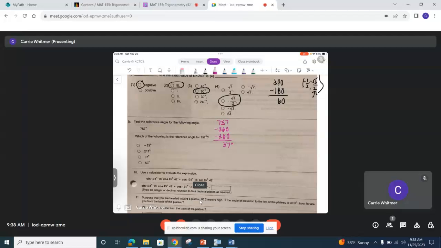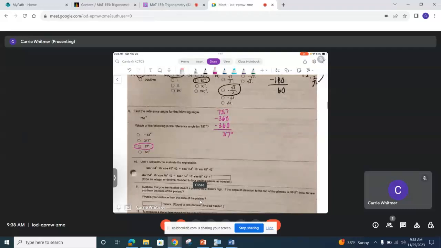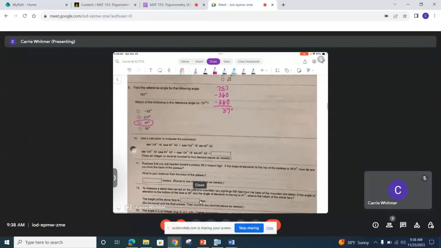So I don't have to apply any of my reference angle formulas because once I found a coterminal angle, it gave me a quadrant 1 angle. So that is 37 degrees. I just subtracted 360 twice because once I subtract once, I'm still more than 360, so I subtracted again to get it down to something between 0 and 360.